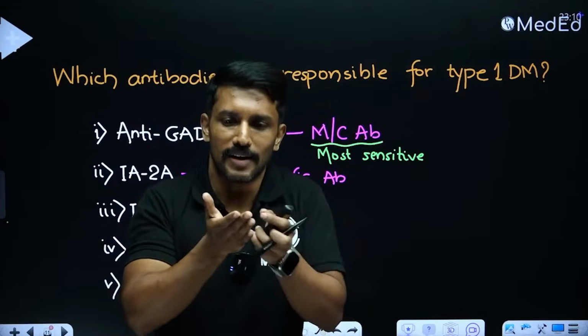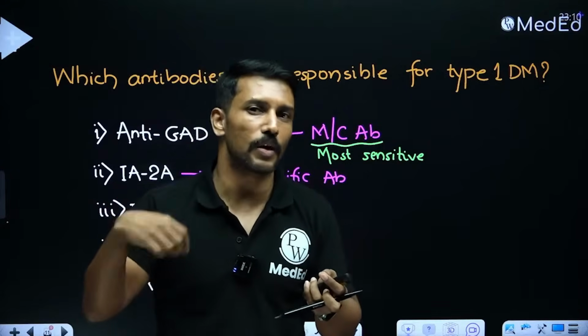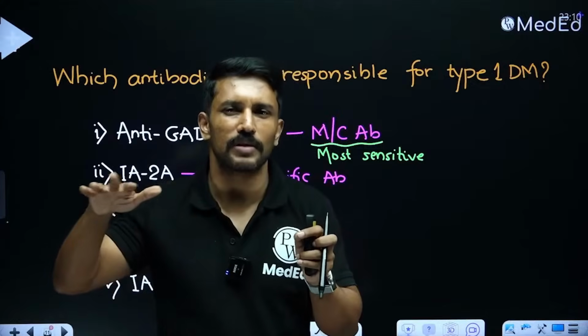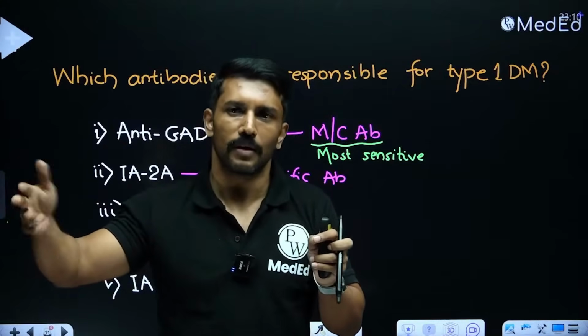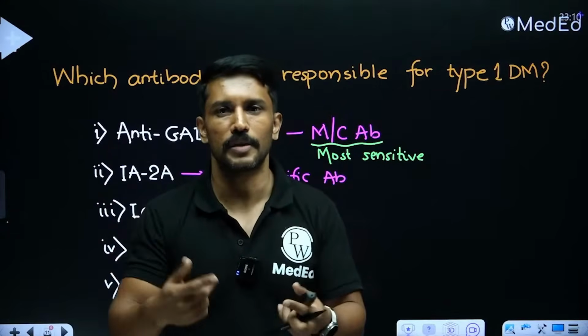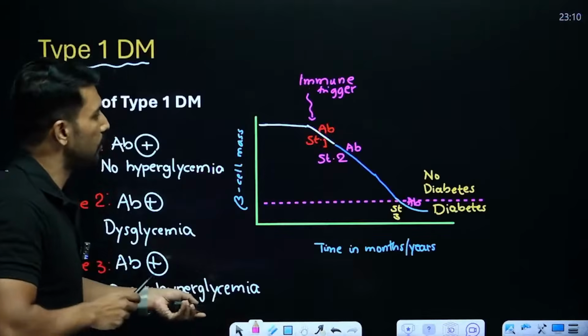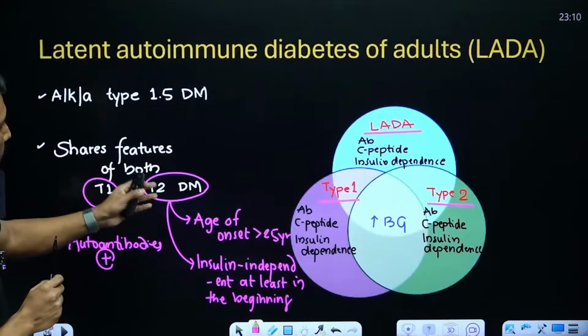So because of that, at least initially, maybe for 6 months, 1 year, 2 years, you may be able to manage them without giving insulin, because beta cells are still producing some amount of insulin. But later, the remaining beta cell mass will also be destroyed by antibodies, and then they will become insulin dependent. That is the summary of latent autoimmune diabetes of adults.